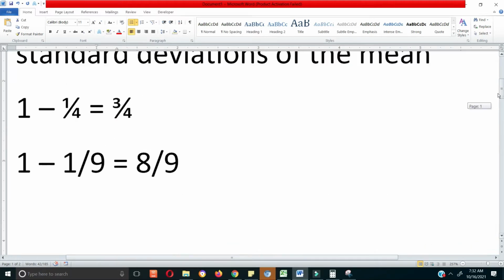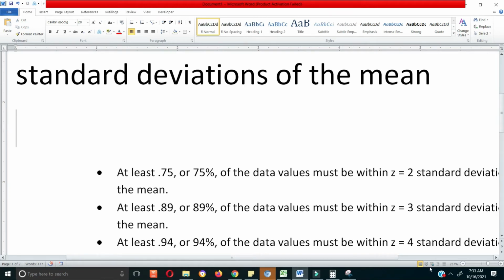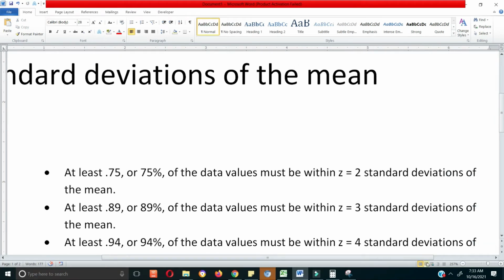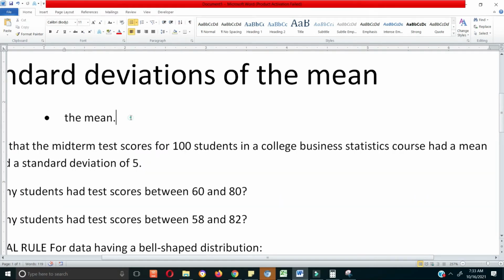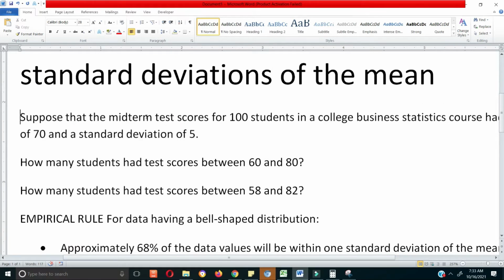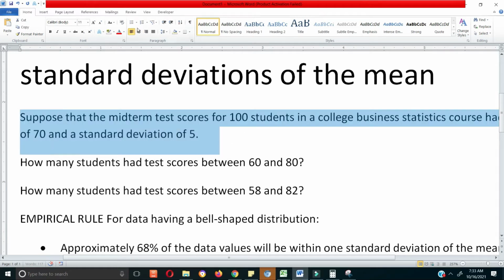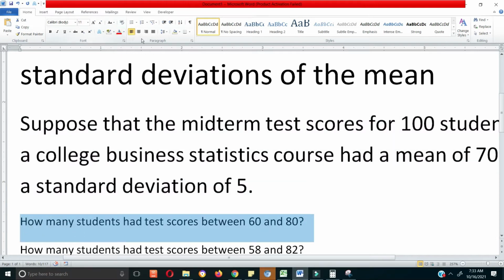But it also means we can, with a fair amount of confidence, compute the percentage of our data that is between some bounds. Suppose we have midterm scores for 100 students with a mean of 70 and a standard deviation of 5. Then we can know with certainty how many students are going to be between 60 and 80.